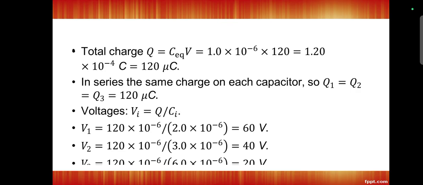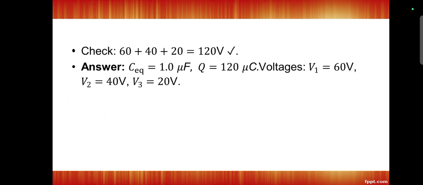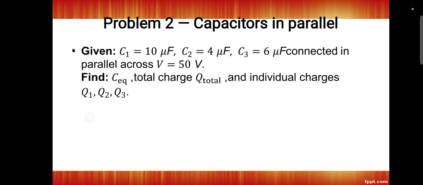The next problem: three capacitors are connected in parallel, and you are asked to calculate the net capacitance. C equivalent is equal to C1 plus C2 plus C3.